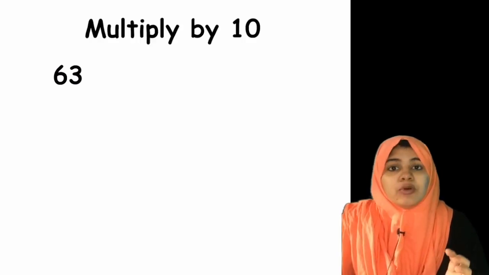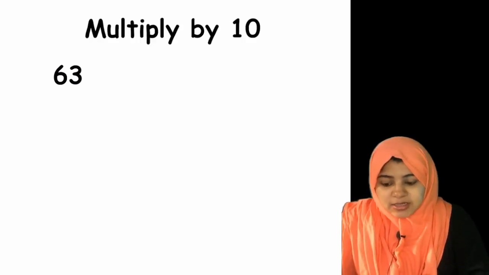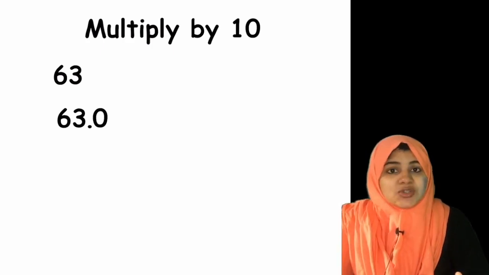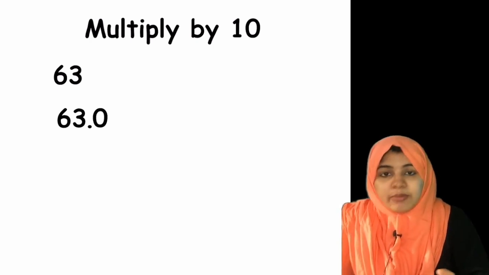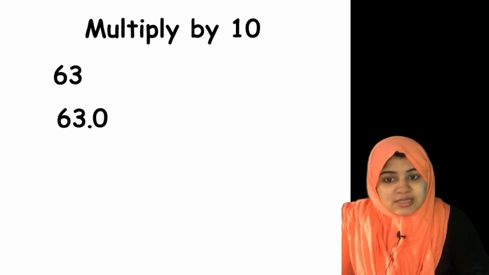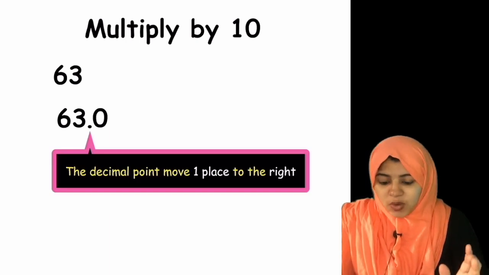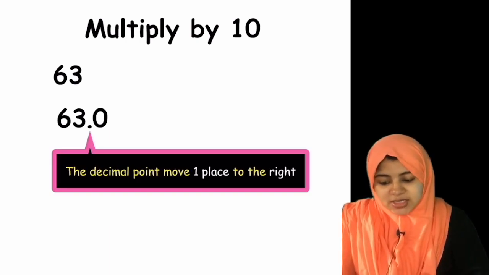Fine. See here, I have another number 63. Now, I'm going to multiply it by 10. So, I'm going to write it as 63.0. 63 and 63.0 both are same. So, what I have to do is, I just need to move the decimal point one place to the right.